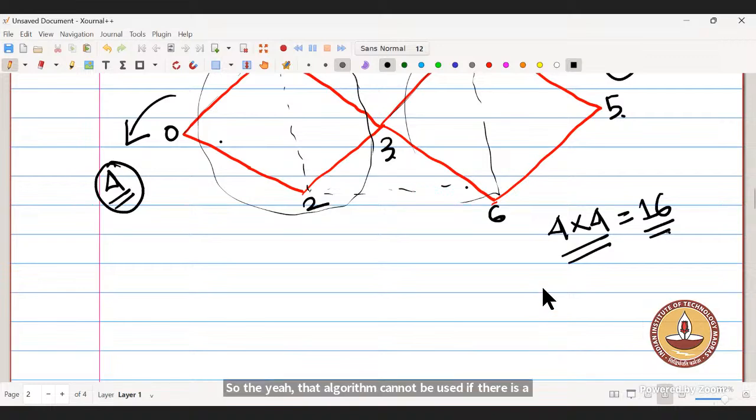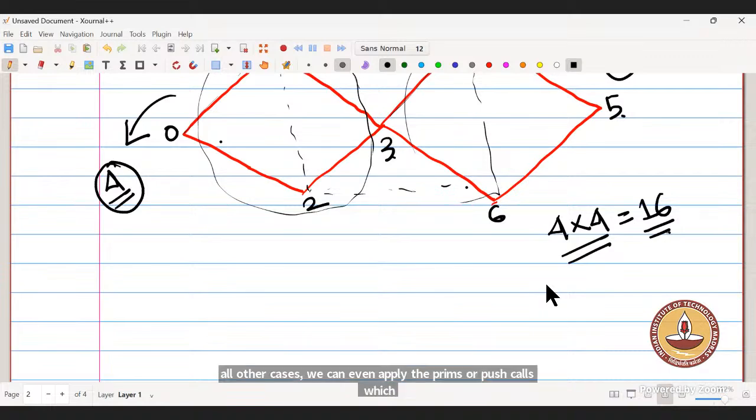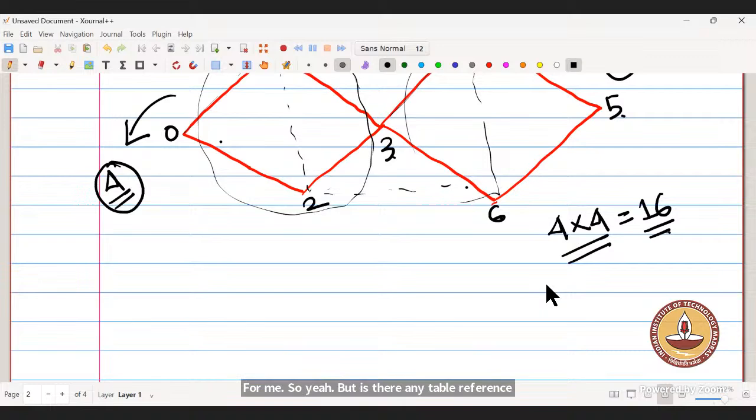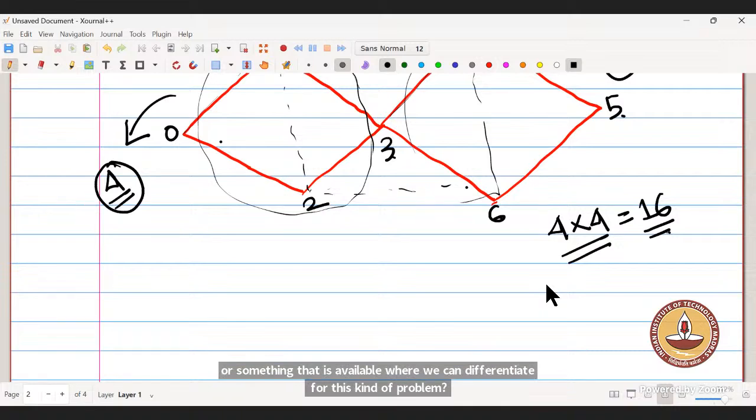Those differences we understand, but in all other cases, we can even apply Prim's or Kruskal's, which seem much simpler compared to the previous ones. Is there any reference table available where we can differentiate, for this kind of problem, we have to use this particular algorithm?